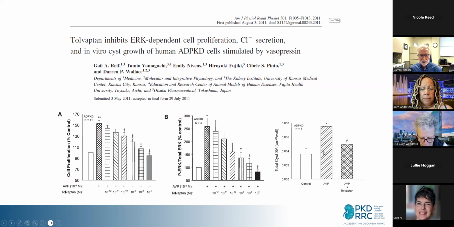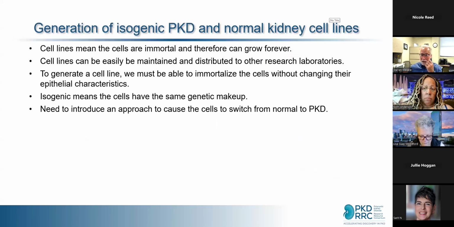And then we also did an in vitro cyst assay, where we treated with tolvaptan in the presence of vasopressin, and showed that it can inhibit cyst formation. And then, of course, that led to additional animal studies that were necessary for the clinical trial that ultimately was approved by the FDA.